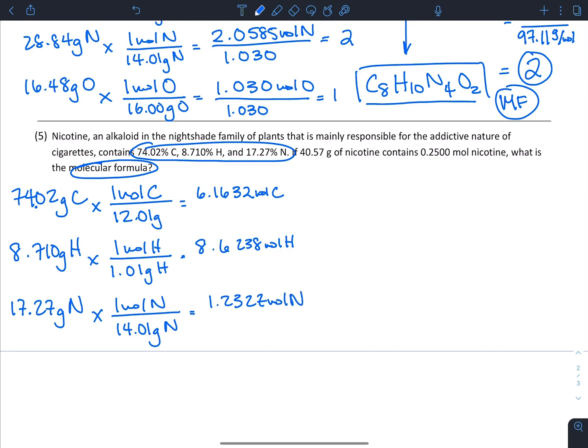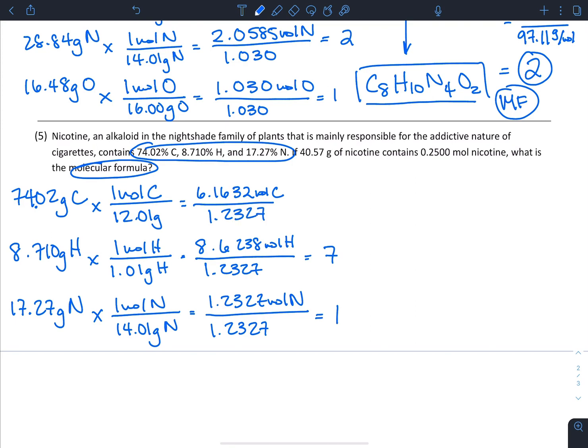So I'm going to divide by my smallest. The smallest here is 1.2327. That's going to give me a 1. 1.2327 for hydrogen. It's going to give me a 7. And then divide by 1.2327 with my carbon. It's going to give me a 5.